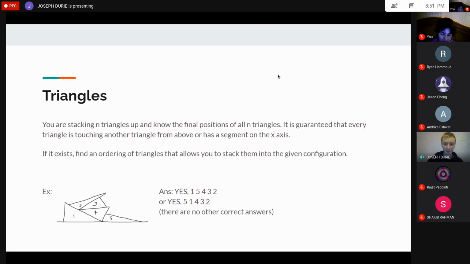Okay, back to this problem. Anyone have ideas? Not even any specific implementation ideas, just any ideas in general for how to solve this.